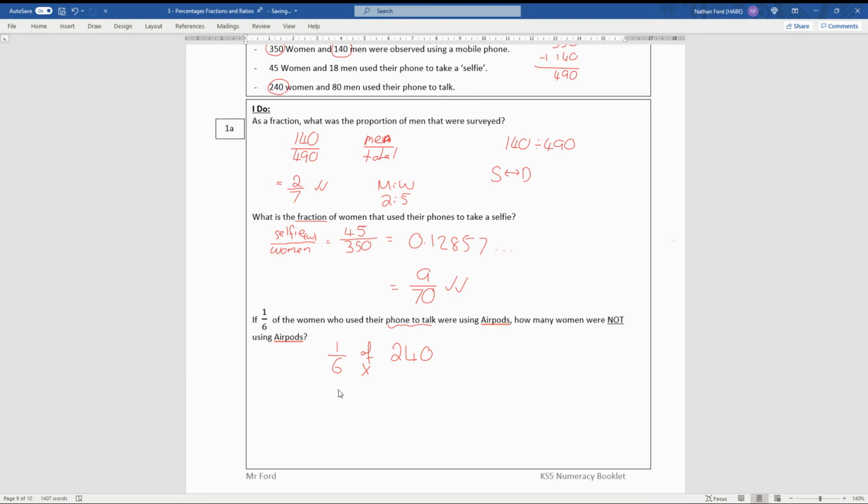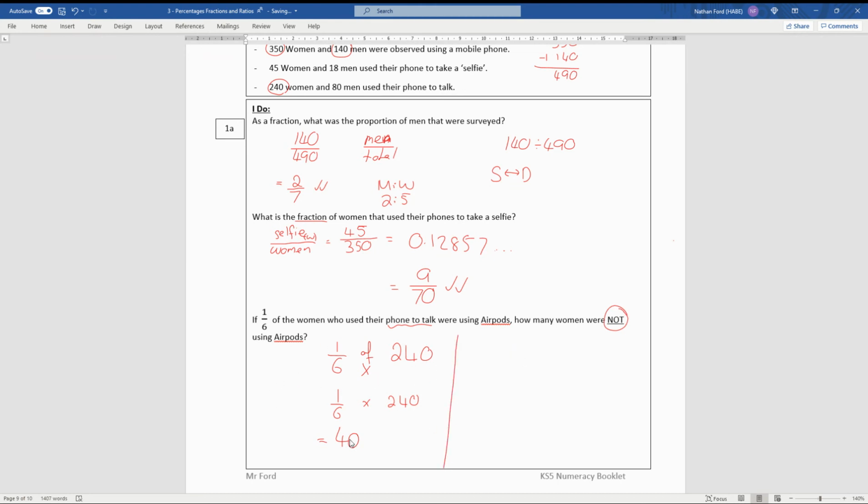So I'm going to do 1/6 times 240. Type that into my calculator. You should know that you get 40. So if there are 40 women who use their AirPods, how many women were not? If we want to know not, that's the other side.